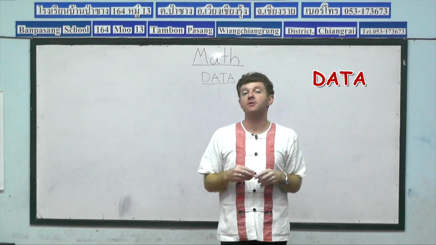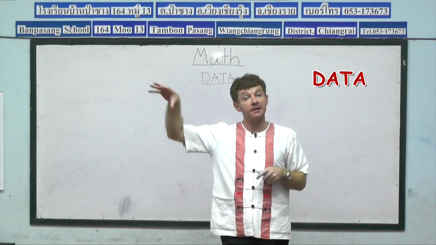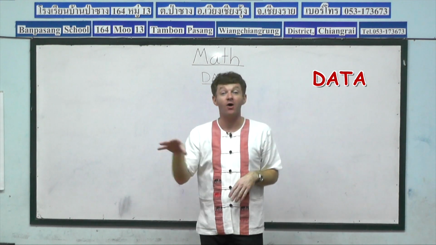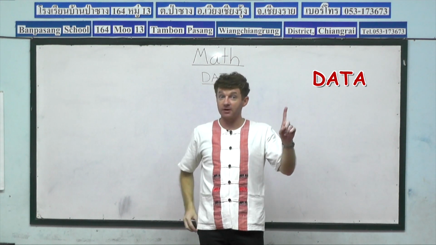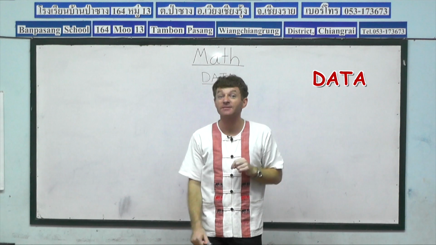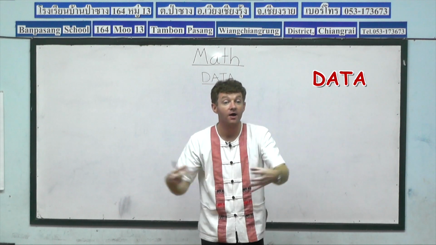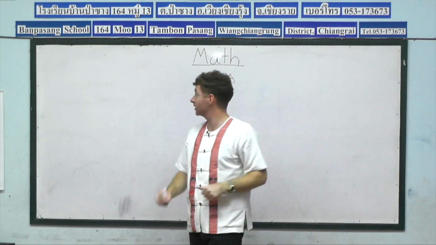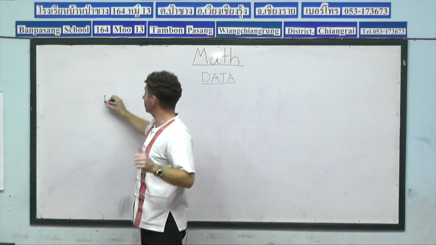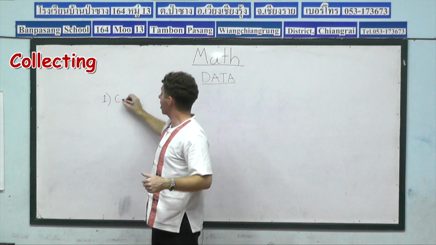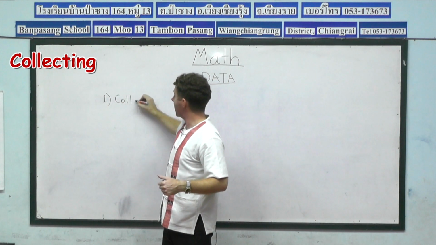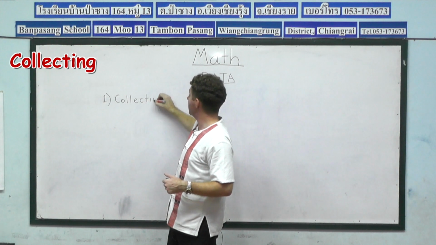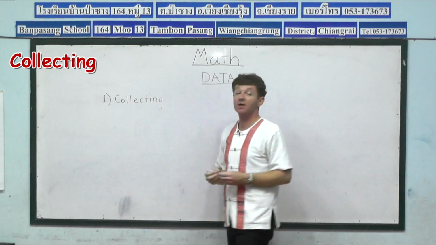And what we've learned in math class recently is that there are 3 different distinct steps regarding data. Can anybody remember step 1, beginning with C? We have to collect. Yes, collecting. Well done, guys. So step 1, C-O-L-L-E-C-T-I-N-G.